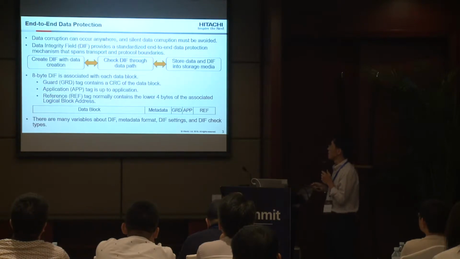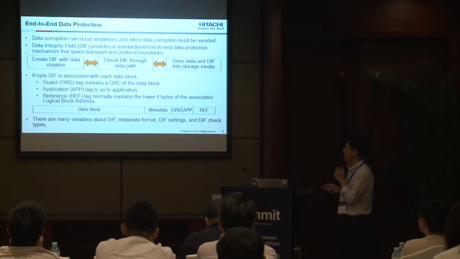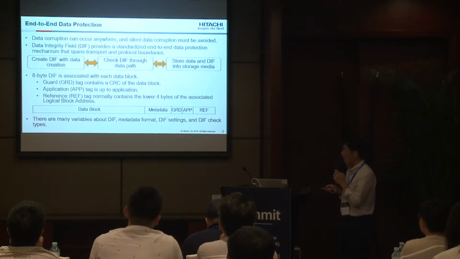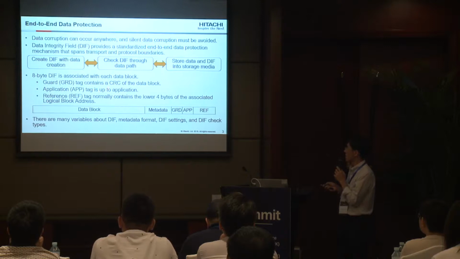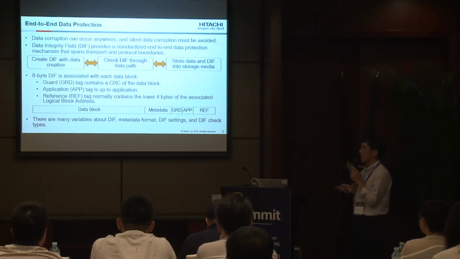DIF is made of an 8-byte field and has 3 fields. One is the guard tag, which contains a checksum and can detect data errors. The second one is the application tag, and how to use it is up to the application.